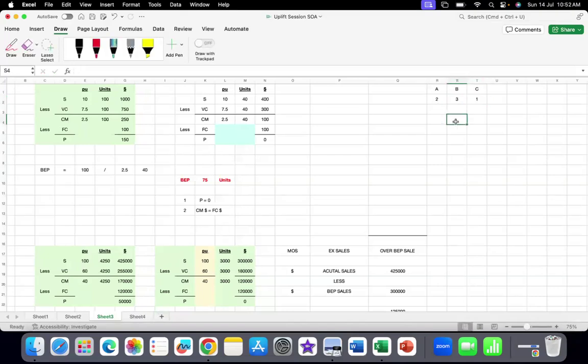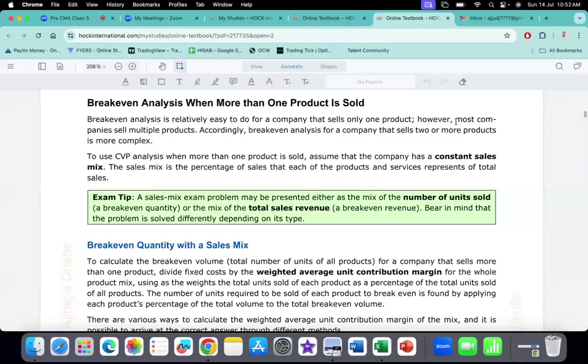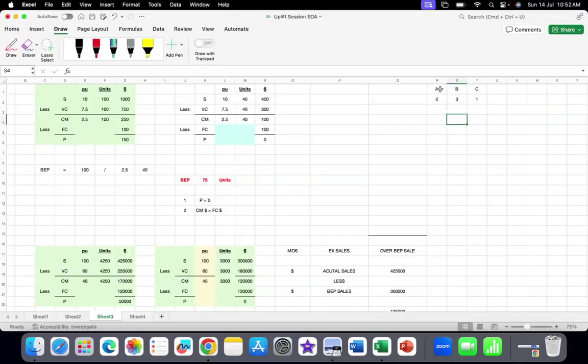So this ratio, 2 is to 3 is to 1, the sales mix ratio would be constant. Until that ratio is constant, you can use the break even point concept. Once the ratio changes, you will again have to calculate the break even. This is one of the favorite questions of the examiner, which is asked in your essay type questions.